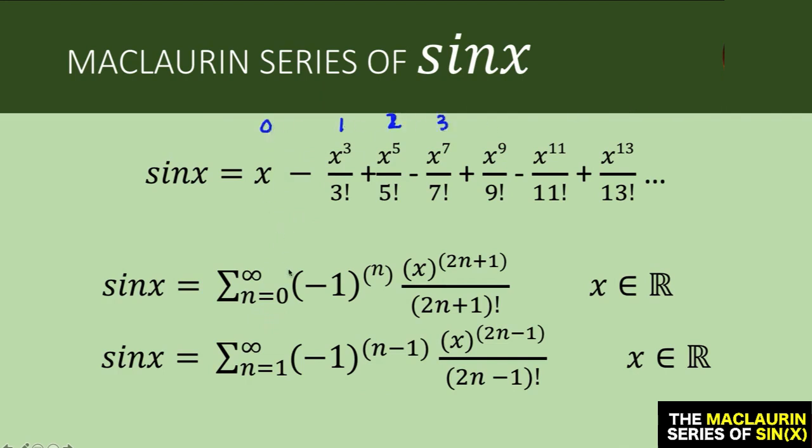At n equals 0, using this first formula, we have negative 1 raised to 0 times x raised to 2 times 0 plus 1 all over 2 times 0 plus 1 factorial. Any number raised to 0 is 1, and 2 times 0 is 0, so you are left with 1 factorial, or simply 1, and this is equal to x, which is now this x.